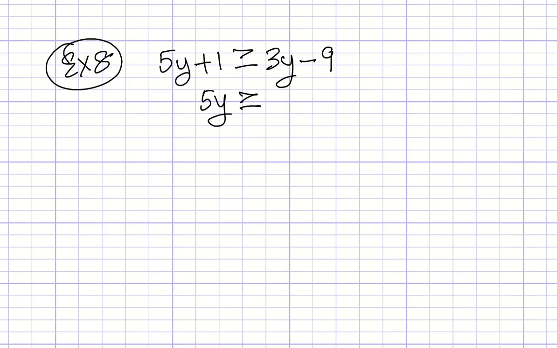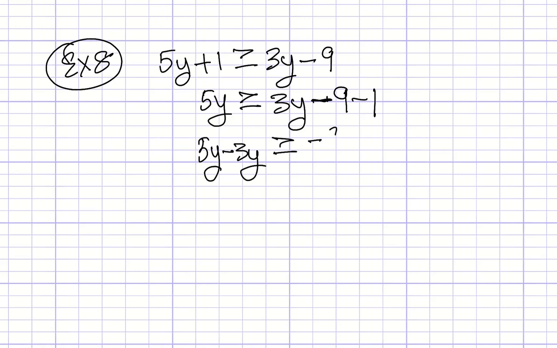5y greater than or equal to 3y minus 9 minus 1, because when you move 1 over it becomes negative, and then you gotta move 3y over to the left side, because 5y minus 3y is greater than or equal to minus 9 minus 1.